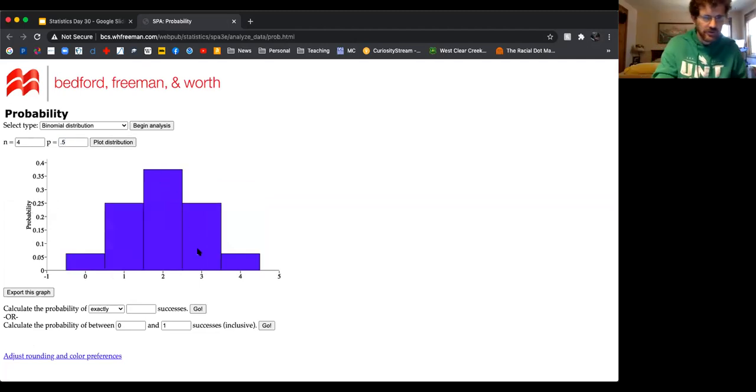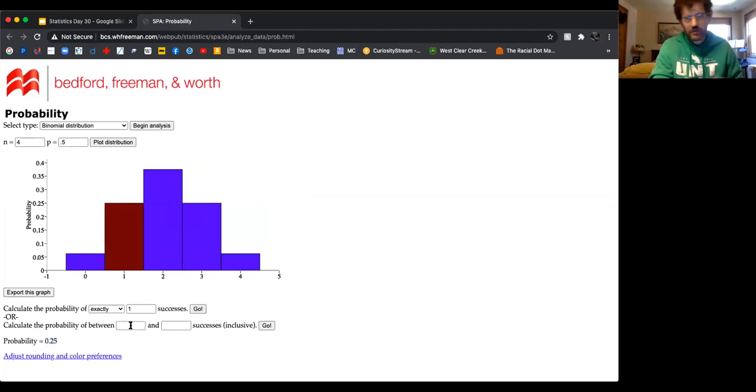There's a distribution. Now if you wanted to know, okay, I'm going to flip the coin 4 times, how likely am I to get just 1 success, whether you call that heads or tails? Looks like I have a probability here of 0.25.